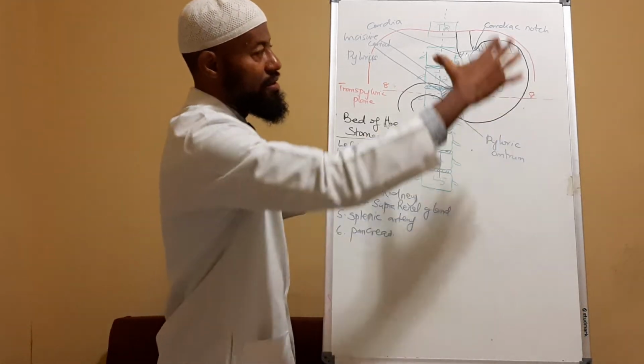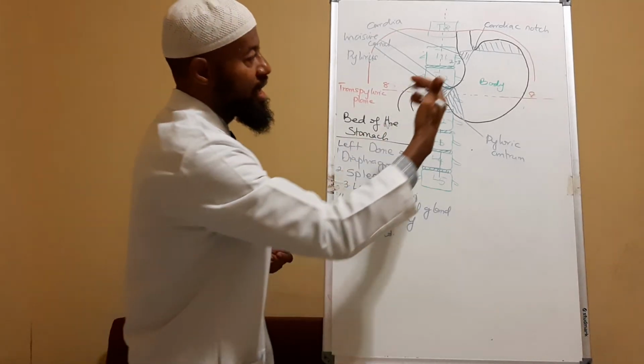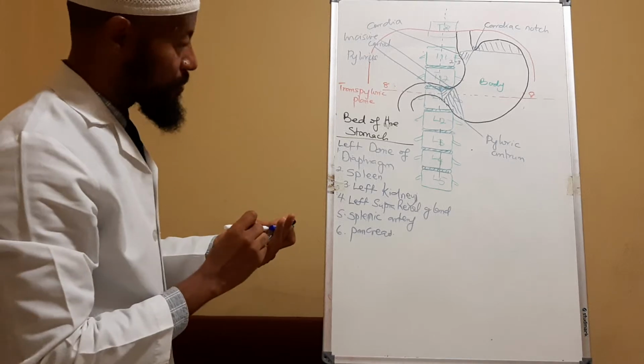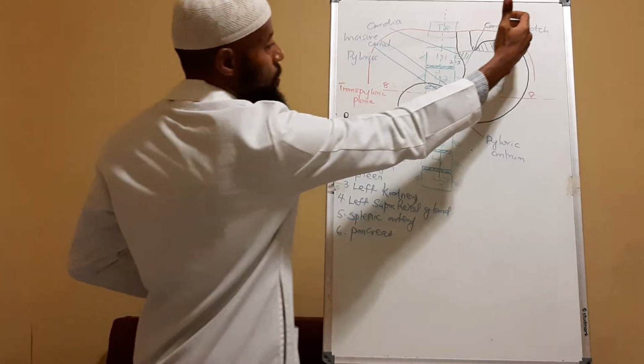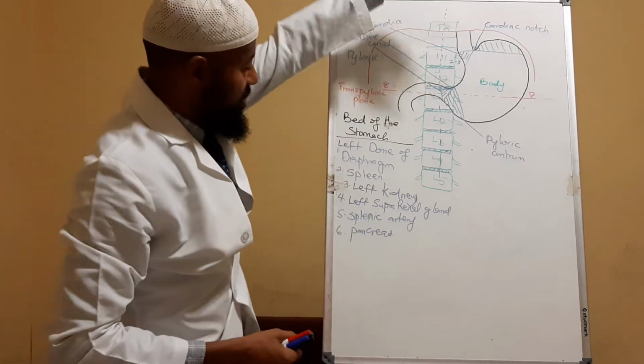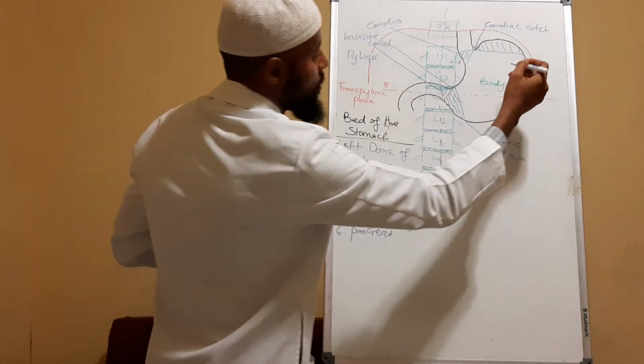stomach is resting. They're called the bed of the stomach, and it runs from superior to inferior. So the first is the left dome of the diaphragm, and then the spleen. Remember that the spleen is somewhere here.